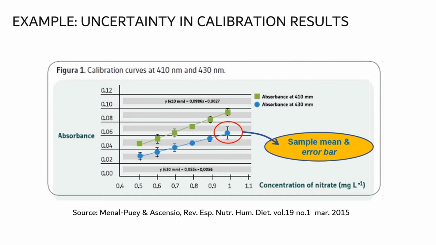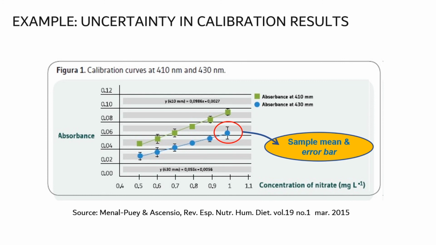This is an example of the uncertainty in measurement: the calibration curve of a spectrophotometer. The x-axis represents the concentration of the analyte and the y-axis represents the measured absorbance value. The experimenter performs a replication or repetition of the experiment at each value of x.